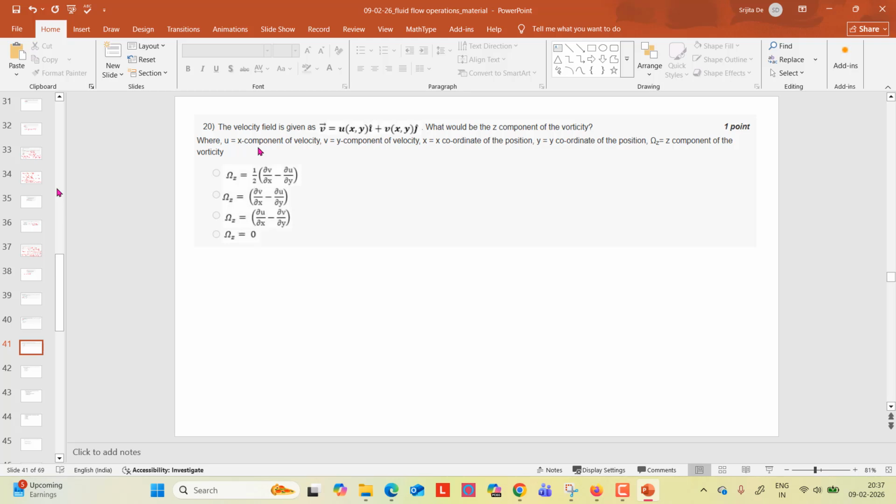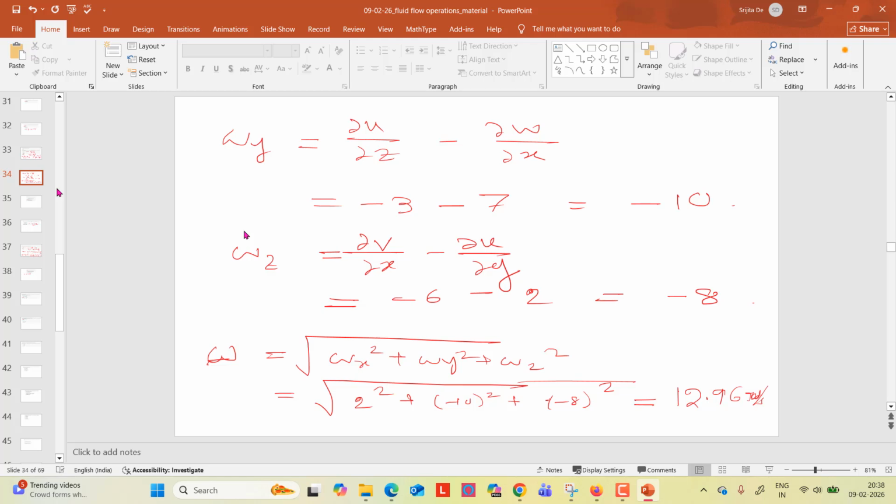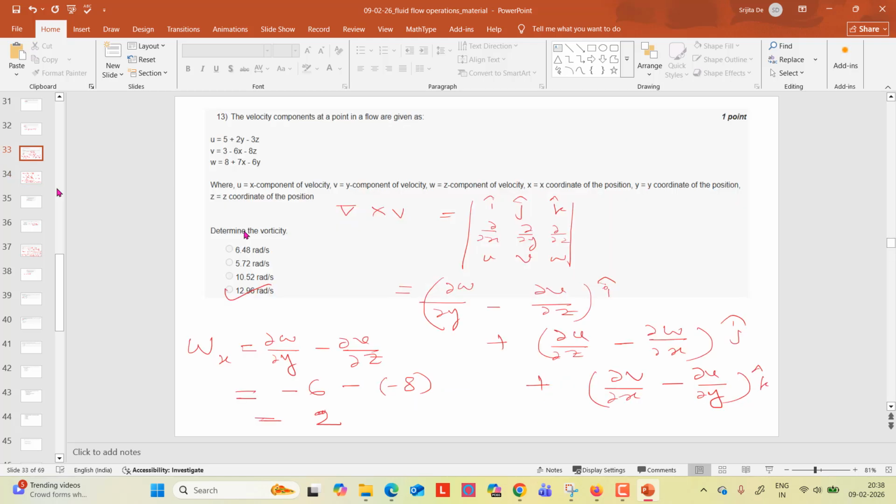So from the equation itself, we have found that the z component of the vorticity will be this. If you do the curl here, it is the z component.